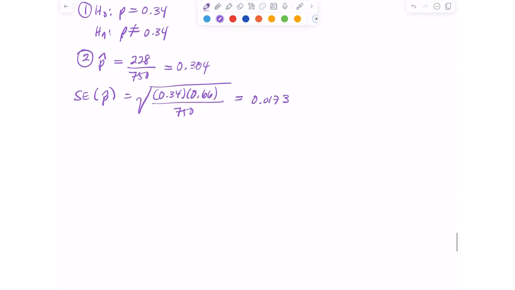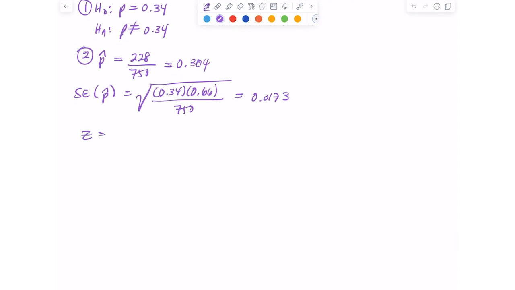So Z is equal to your value, in this case your P hat, minus your mean, divided by the standard error, and you get negative 2.08. So I'm looking for the probability that Z is less than negative 2.08. But since it's two-tailed, remember you want to multiply your answer by 2.